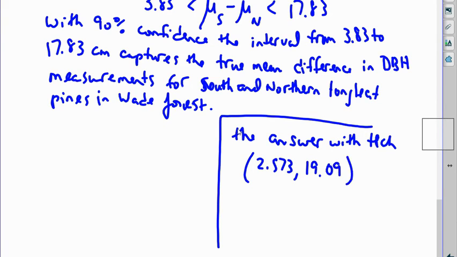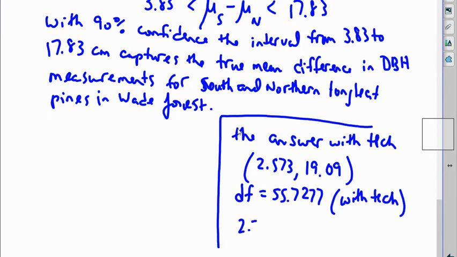So it's a little bit narrower, and that is why, because the degrees of freedom, because it's so robust, the degrees of freedom from technology are much larger, giving you a narrower window. So I would write with tech so that it's clear how you got an answer like that. And I can write that again if you prefer to see it with the subscripts, in the interval form.